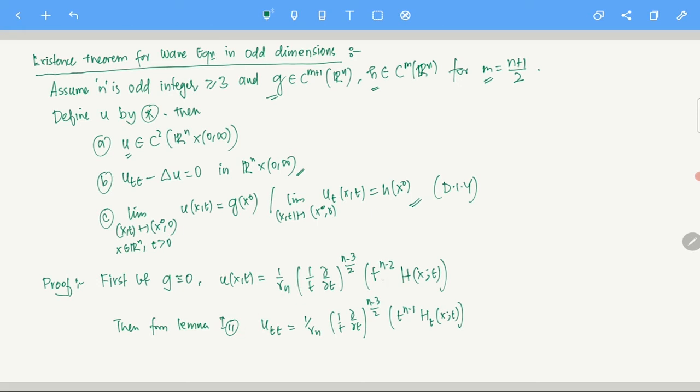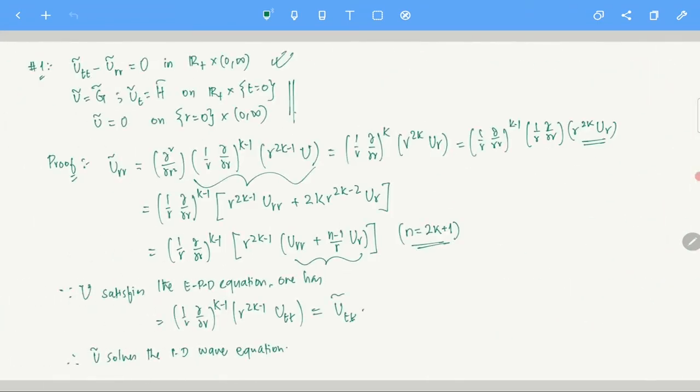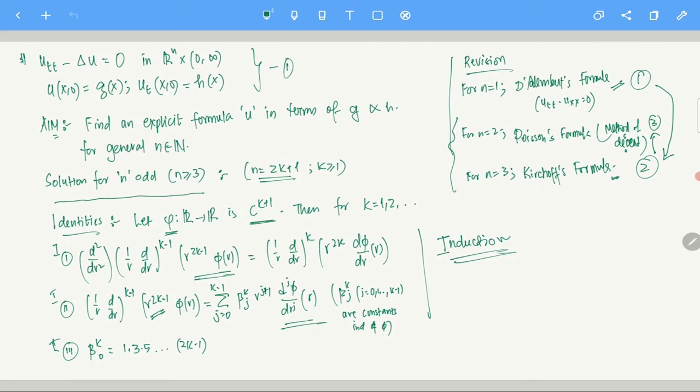If u is something like this, u_tt is basically del t squared of this whole thing. Let us look at the first expression, you just replace it by t here. If you just look at the whole expression, it is del squared del t squared of 1 by t del t whole power k minus 1, t^(2k-1) h, where h here is 1 by r del r whole power k.